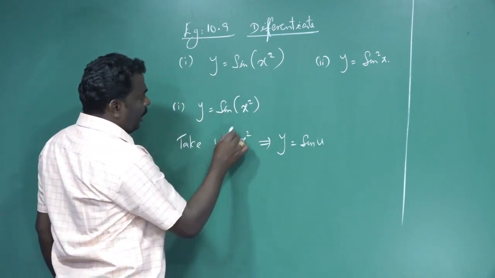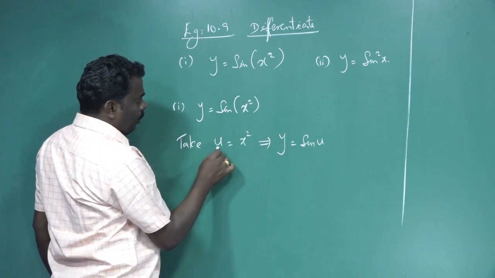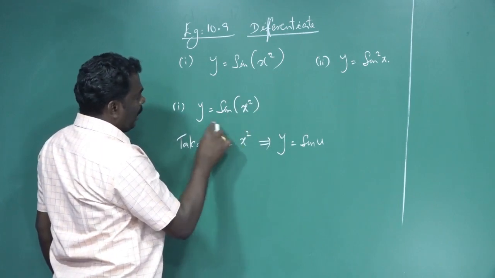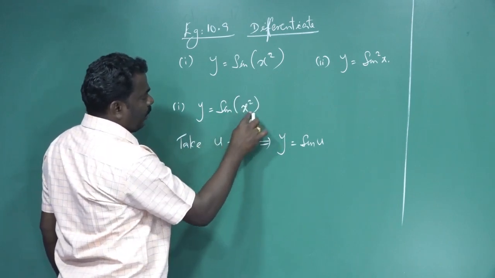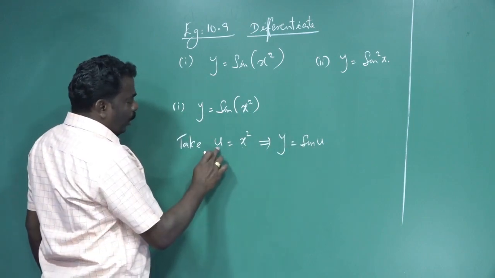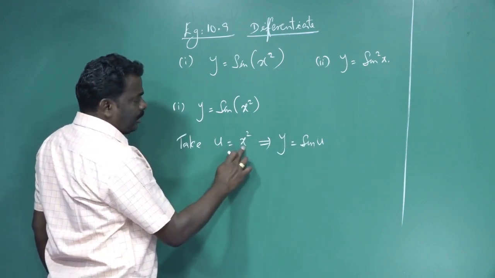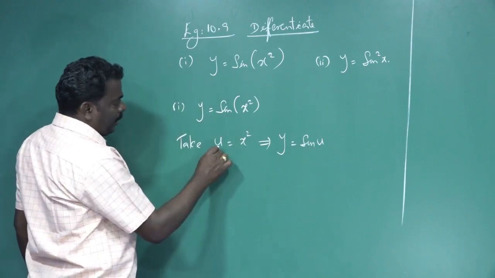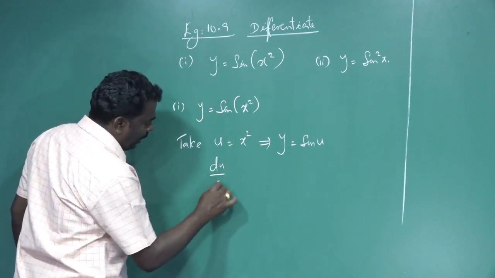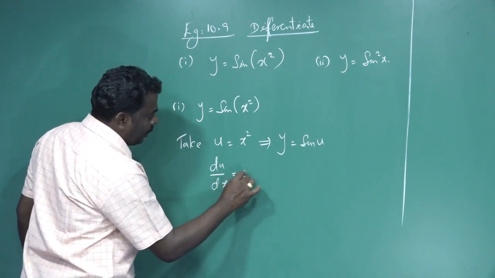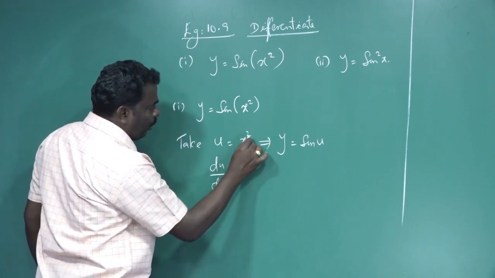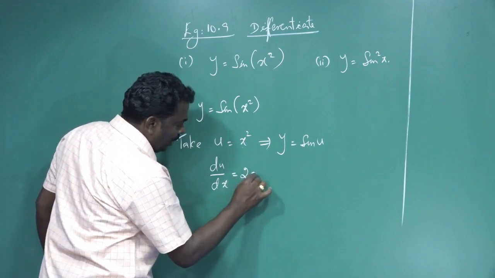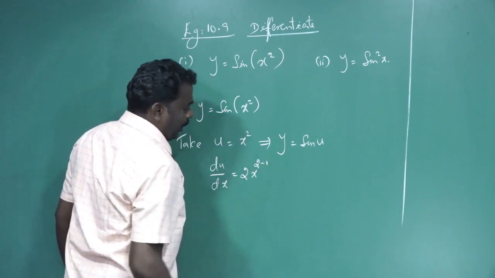So let us consider the term within the bracket, u equal to x square. Now differentiate the u function with respect to x: du by dx is equal to x power n form, n equal to 2, therefore 2 into x power 2 minus 1.